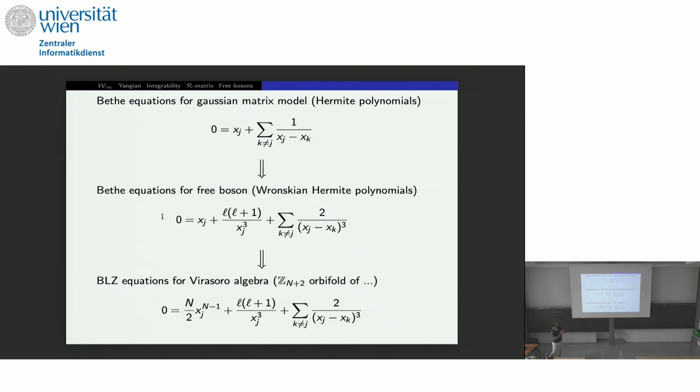And finally, if you consider Virasoro algebra, the equations written by Bazhanov-Lukyanov-Zamolodchikov can be, with correct choice of coordinates, again described in the same way as those for free boson, but this external potential or force instead of coming from quadratic potential is now coming from the nth degree potential.